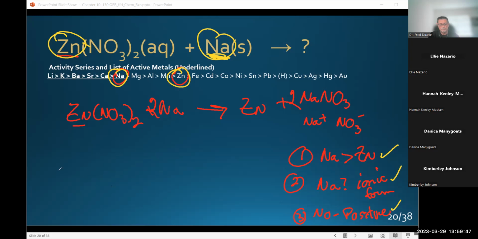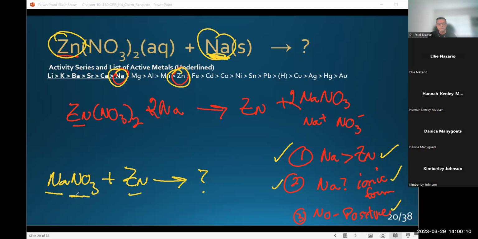I'll do a reverse. If you've got sodium nitrate plus zinc, the question, which is the reverse reaction, is would it react? You ask the same questions. Who's more reactive, sodium or zinc? Well, sodium is, okay? Is sodium in ionic form? Well, yes, it is, okay?